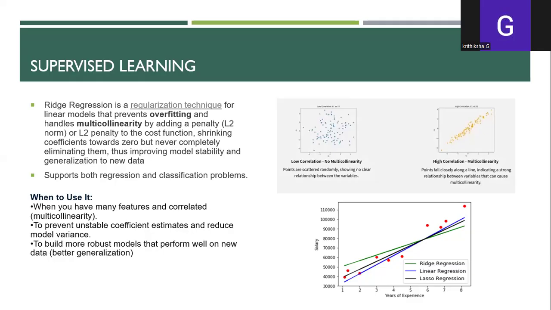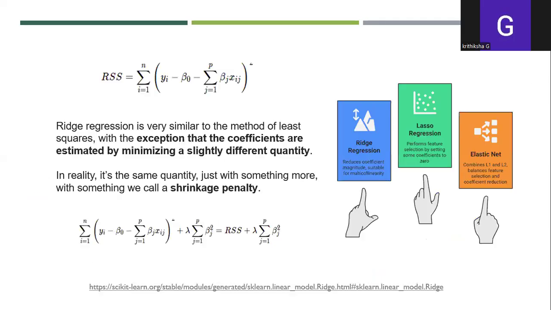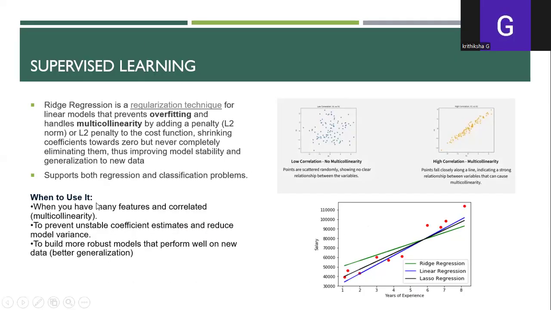So what is multicollinearity? Let me explain with the example image here. In the first image, we have low correlation and no multicollinearity. The points are scattered enough, and we can say there is no relationship between the variables or the features.